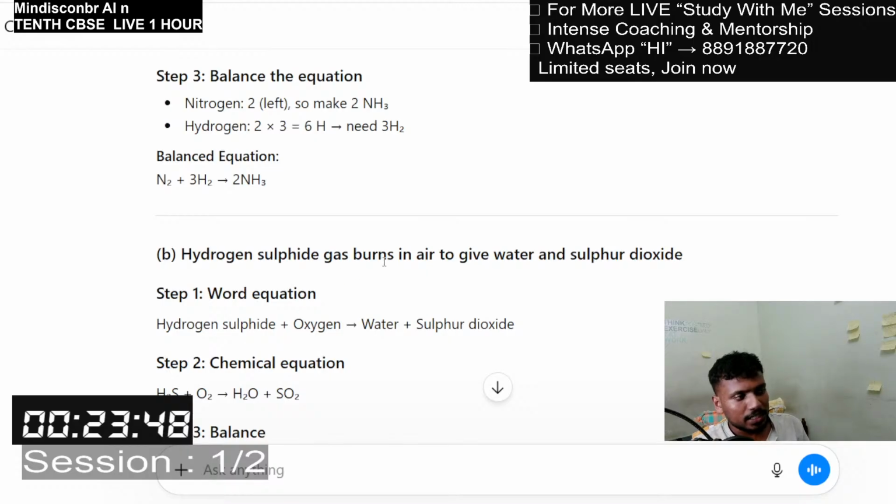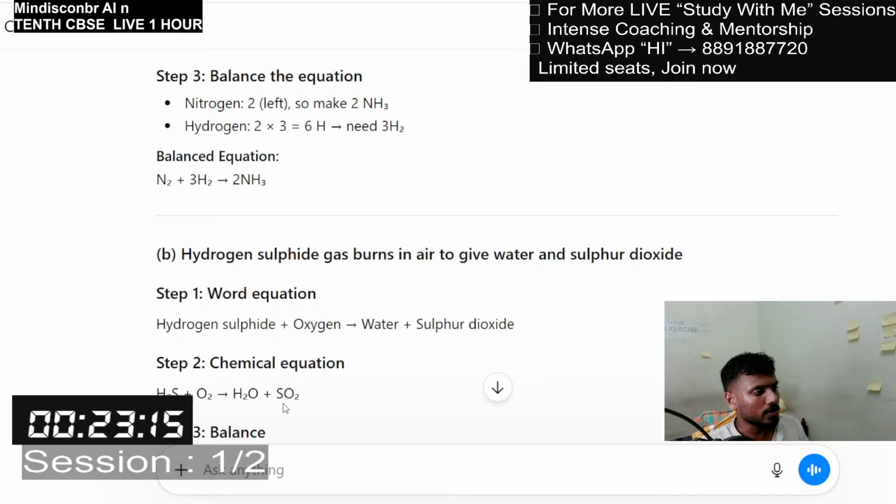Second is hydrogen sulfide gas burns in air to give water and sulfur dioxide. So hydrogen sulfide plus oxygen gives water plus sulfur dioxide. Burning indicates addition, reaction with oxygen. So hydrogen sulfide, the formula is H2S. H2S plus O2 gives H2O, water, plus sulfur dioxide. Here hydrogen is same, sulfur is same, and there are 3 oxygen atoms on the right.